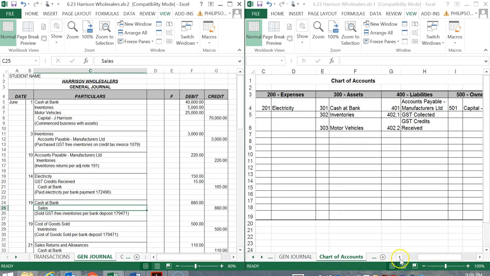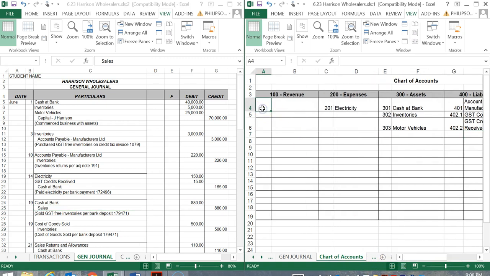Okay, we need to add sales. So 101, sales, got it. Cost of goods sold. Okay, so typically your cost of goods sold is going to be your first account. So I'm going to shift this one down here. Cost of goods sold.